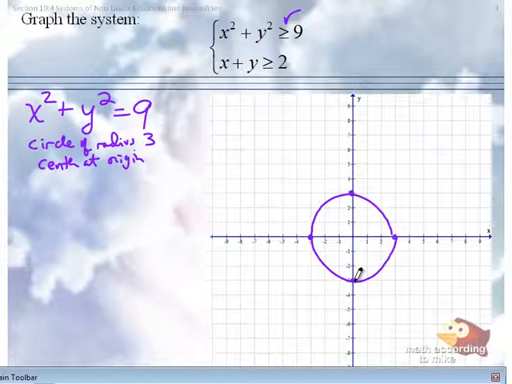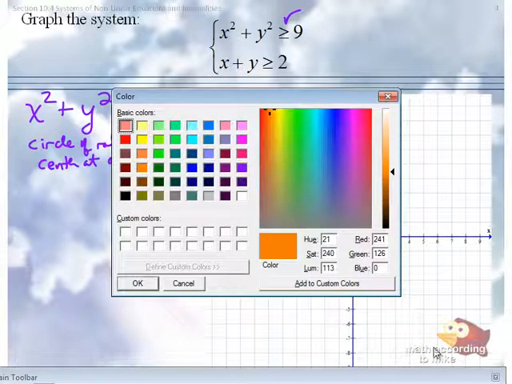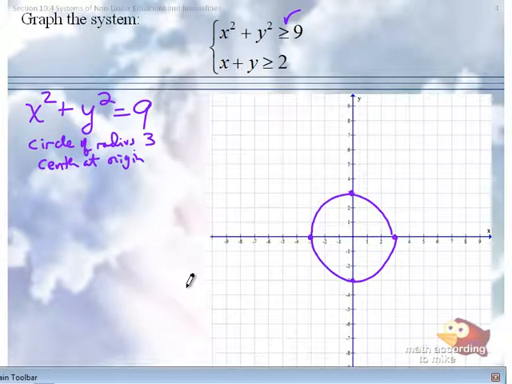The second step would be to pick a test point. It doesn't matter what point you pick as long as it's clearly not on your curve. So give me a point that's clearly not on this curve. You can pick a point that's inside the circle or outside the circle, just not on the circle.